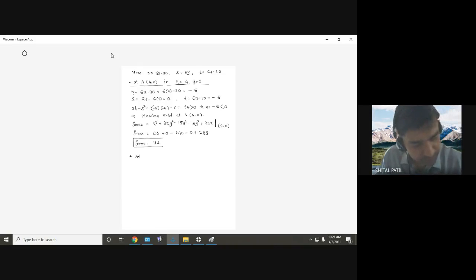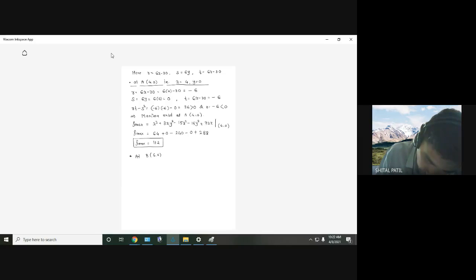At what is the second stationary point? At 60. R and T both are same.